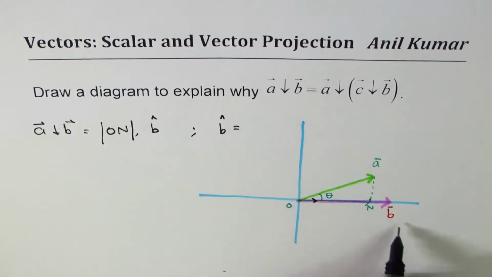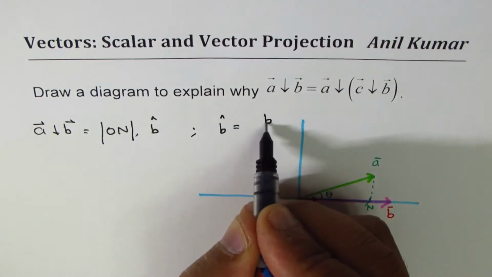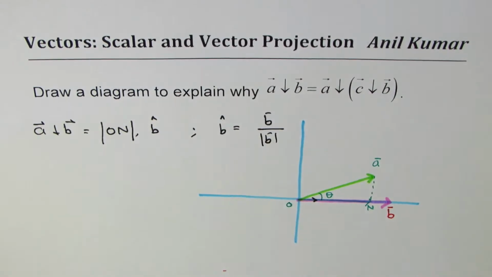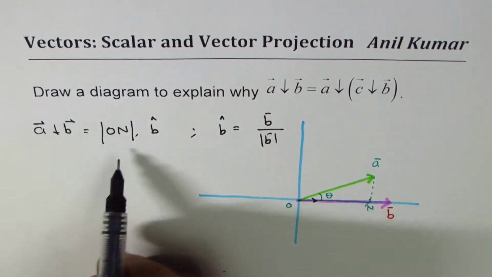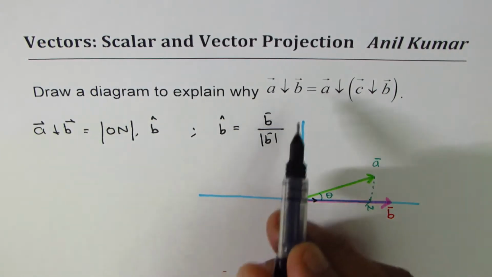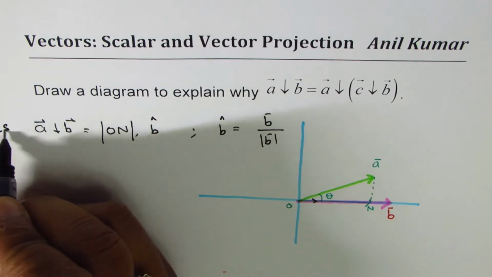When you divide vector B by its magnitude, you get the unit vector in the direction of B. So that is the vector projection of A on B. So this is our left side.